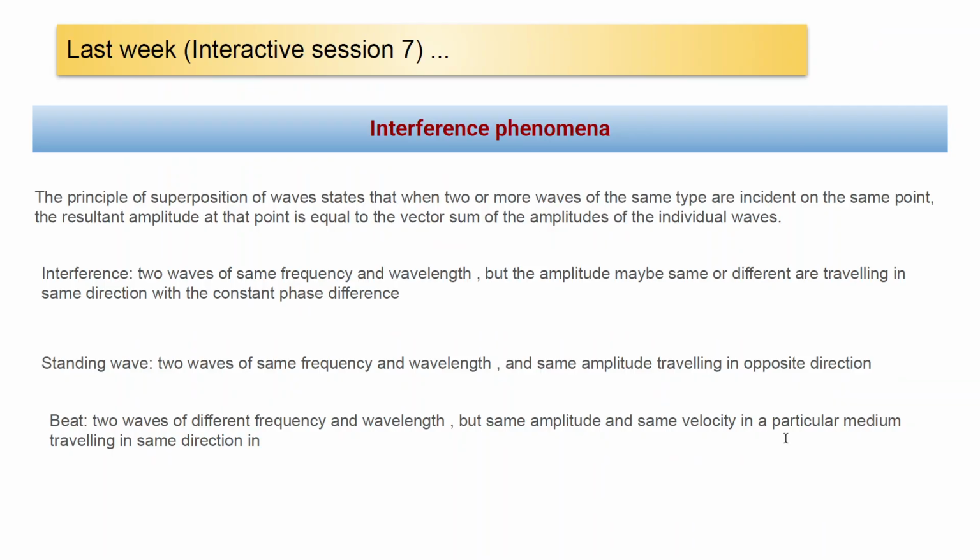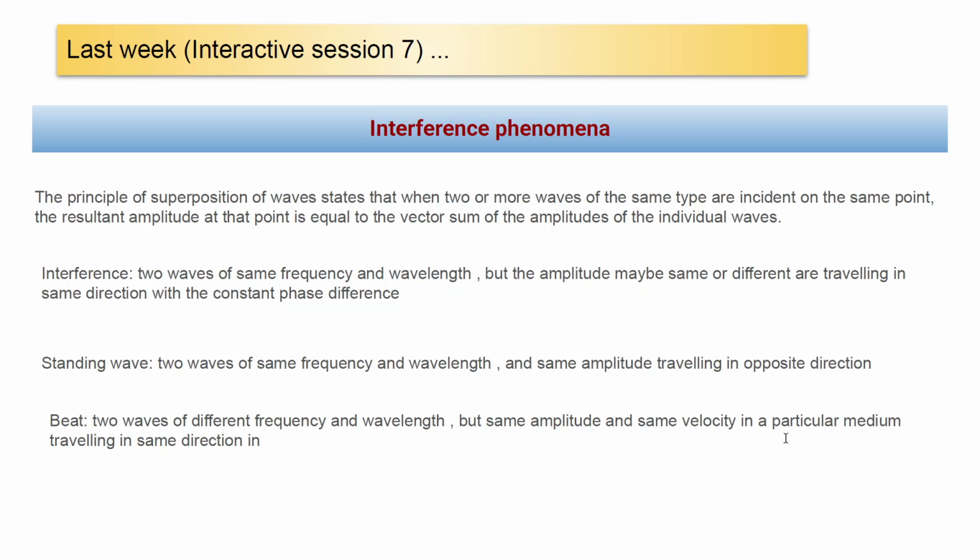So last week we had started with discussing what the interference phenomenon is and what conditions are important for it. We need coherent sources. That means they should have the same frequency, same wavelength, and a constant phase difference throughout.